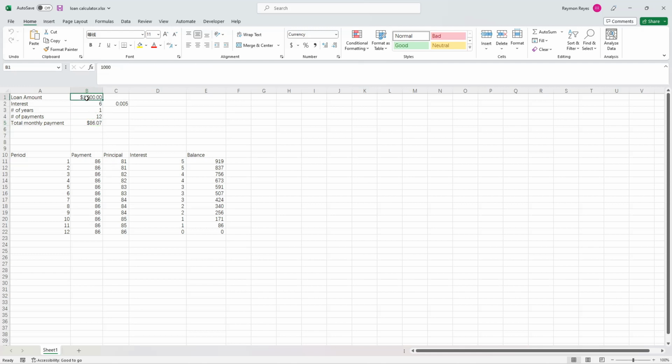Initially it would start with these three parameters: the loan amount, interest, and number of years. By default, it would generate 12 periods, or 12 number of payments, since that is based on an annual term. In a year we have 12 months, so payment is split into 12 months.